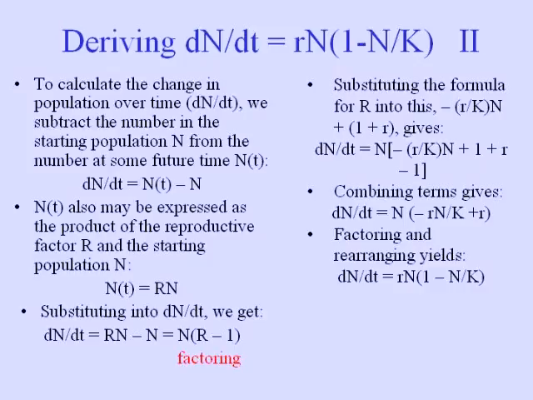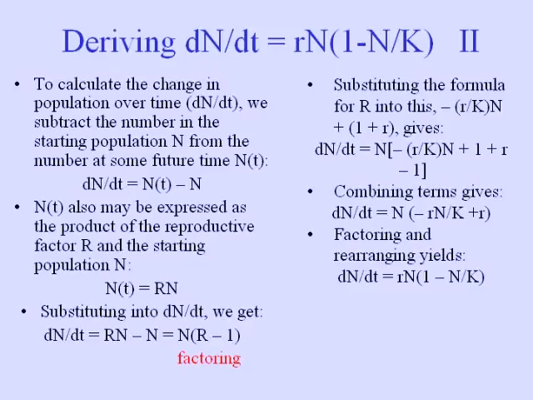So dN over dt equals N sub t minus N. Now we can also express N sub t as the product of the reproductive factor R and the starting population N. And so we can say N sub t equals RN, and then we can substitute that into the formula just above it.